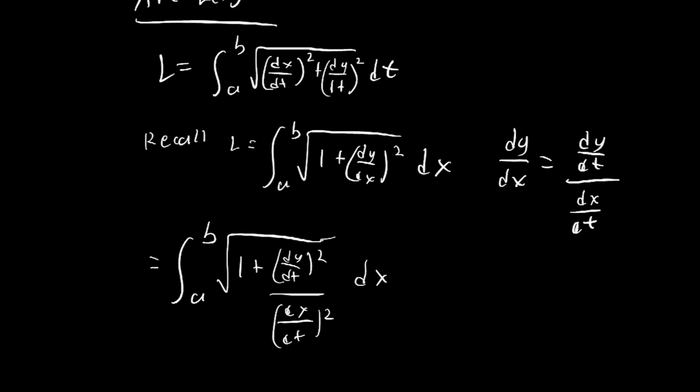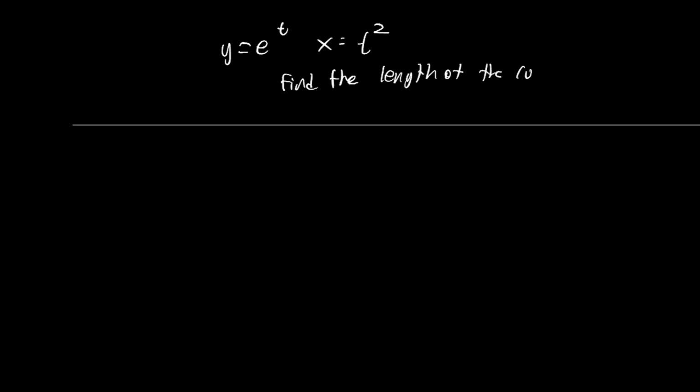And so a real question here is, let's say I gave you the parametric equations as follows, and I asked you to find the length of the curve on the interval from 0 to 1.